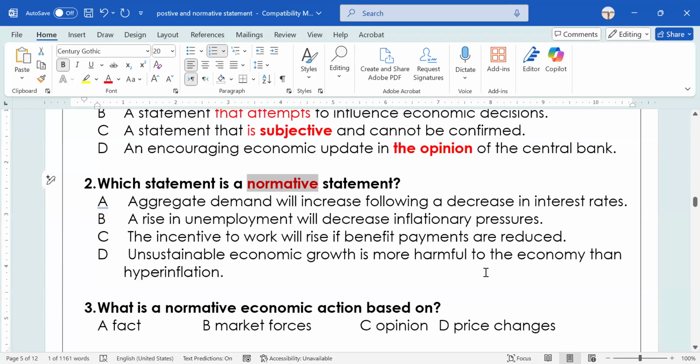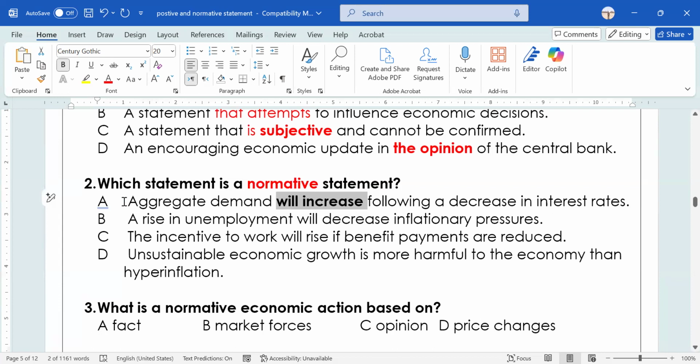So do not be confused. Maybe there are some big words here. Okay, so let's analyze letter A. Aggregate demand, you have the words will increase, following a decrease of interest rates. So what are the two items which are evident here?